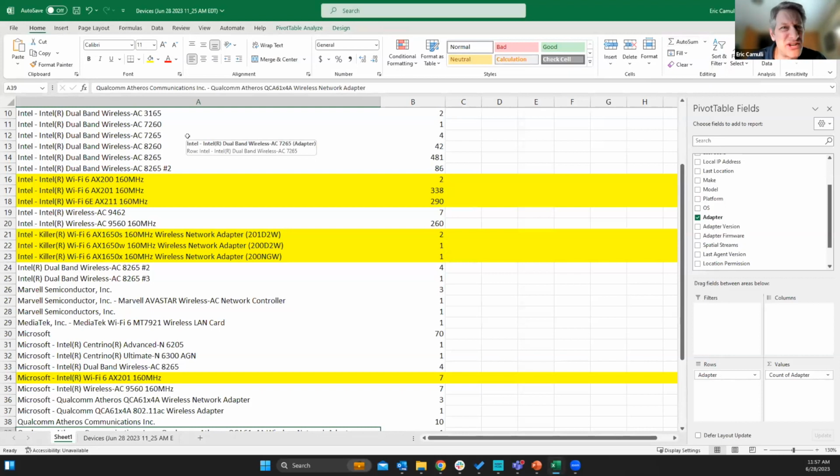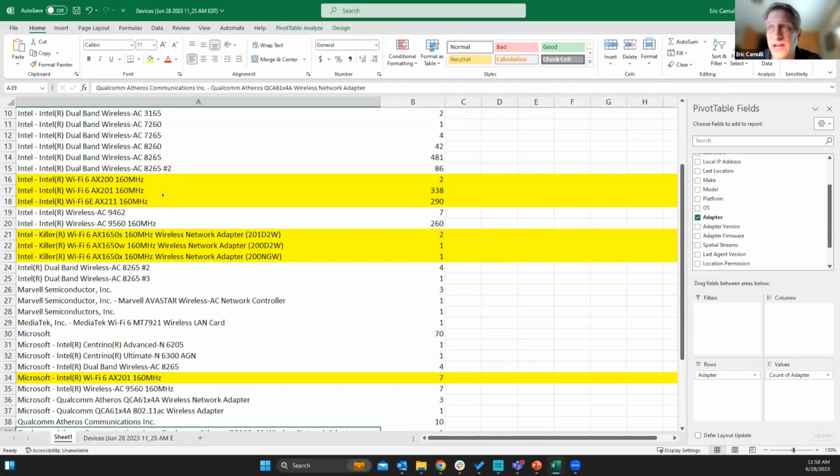So an organization has thousands and thousands of laptop computers all over the world, all over their enterprise. I want to be able to quickly and easily see, okay, is my fleet of devices ready for Wi-Fi 6 or not? Can I push off the upgrade just a little bit longer or not? Information like this is going to help inform our decision making.